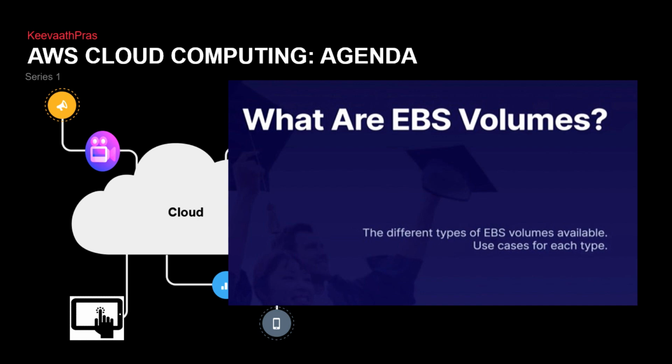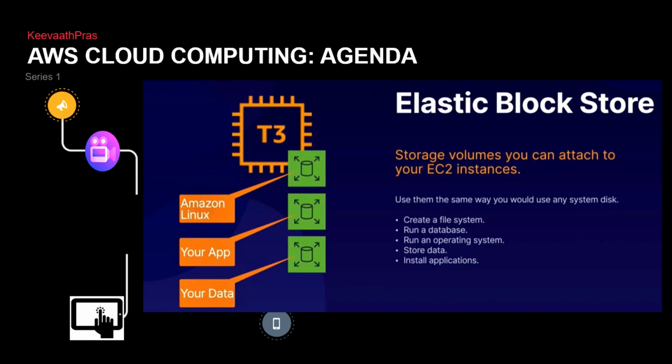There are different kinds of EBS volumes available, and let's see what they are. EBS volumes are nothing but the storage volumes that you can attach to EC2. We saw that EC2 is a virtual machine in AWS, like a server, and we booted it up and terminated it.